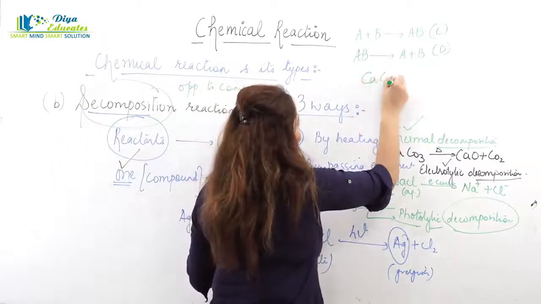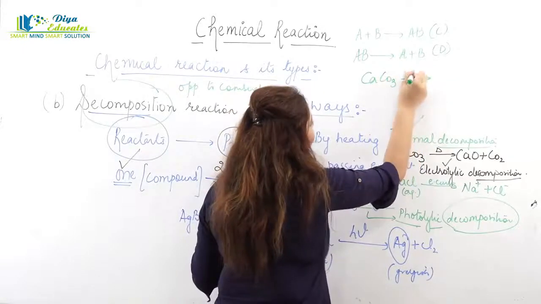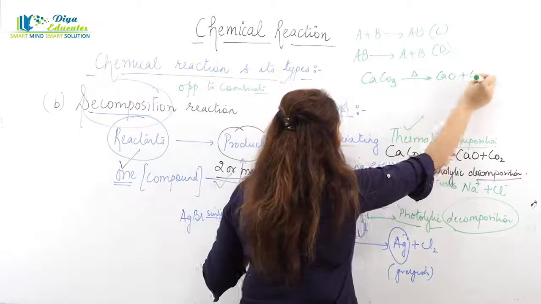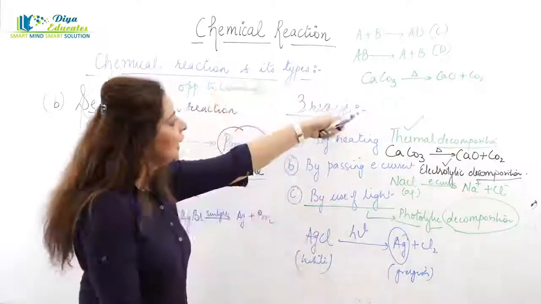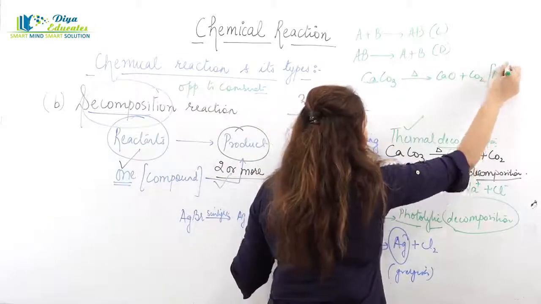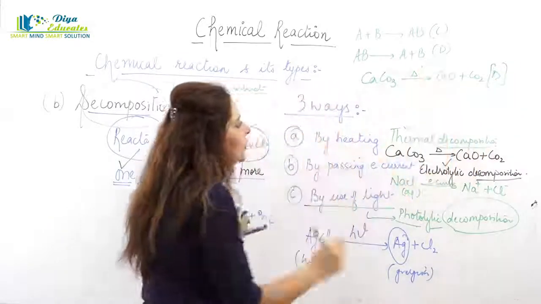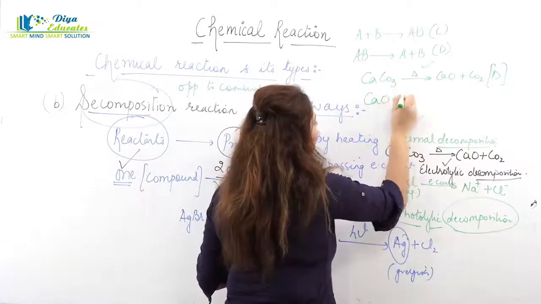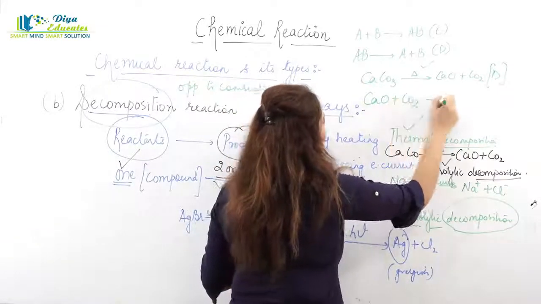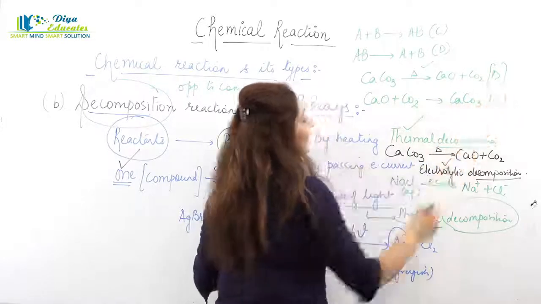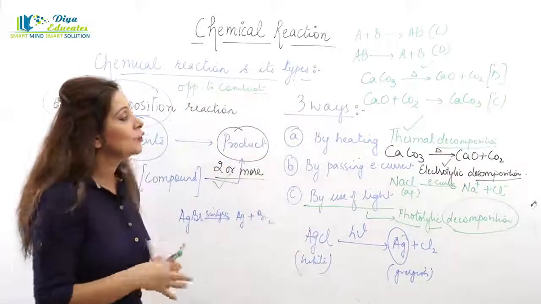Let us take the example of limestone. When we heat limestone, it breaks to form calcium oxide and carbon dioxide. So here we have one reactant and 2 or more products. That means it is a decomposition, particularly thermal decomposition. Now if I reverse this reaction, that means if I react CaO plus CO2, we get a single product, that is limestone, with 2 or more reactants.